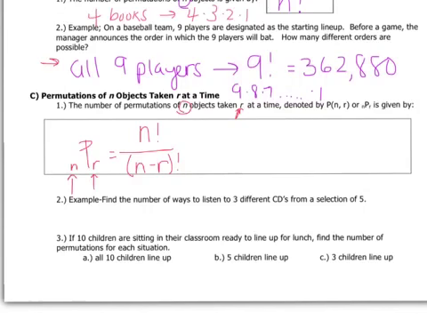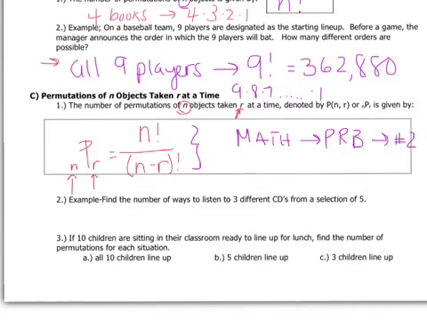Now, we also have a button on our calculators for this as well. So really, the only time you need that formula is if you don't have your graphing calculator with you. To find that on your calculator, go back to your Math button, go over to Probability, which is on the very right-hand side of that top column, and then you will see nPr as number 2.